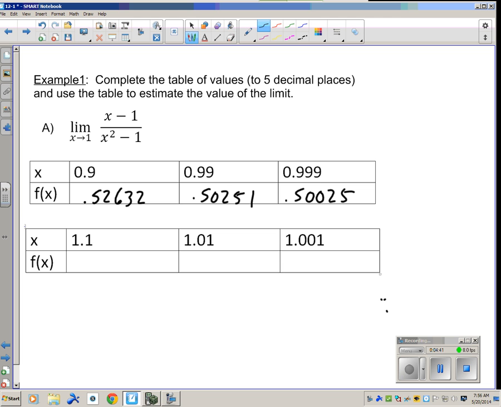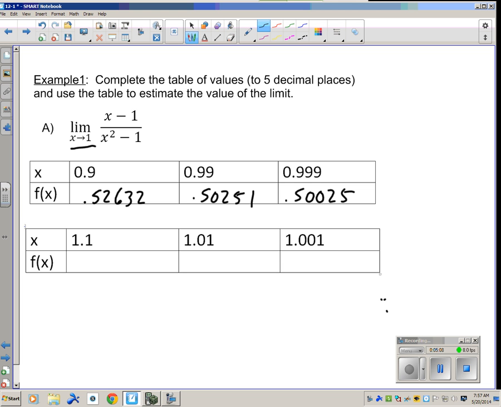We're thinking about what it's getting closer to. It was 0.52632, then 0.50251, now it's 0.50025. So as x is approaching 1, we did 0.9, 0.99, 0.999. Those are our x values. As it gets closer and closer to 1, what's the limit, what's f of x approaching?